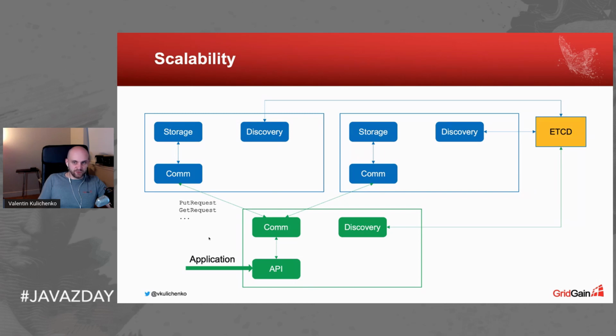The only difference is that it will not write its own information into etcd, so it will not register itself, of course, because we don't want the client to be a part of the cluster in this sense. We just want to get the information from discovery, to have this list of nodes on the client side, and make sure that this list is also updated when something changes, right? So let's do that.